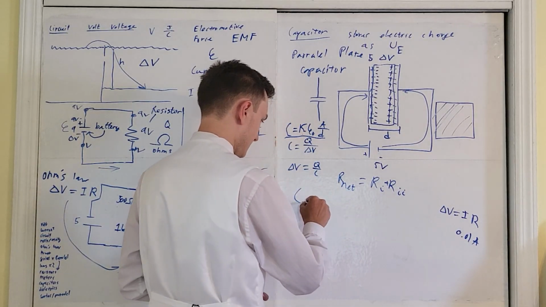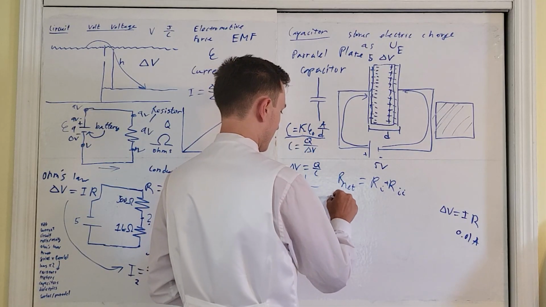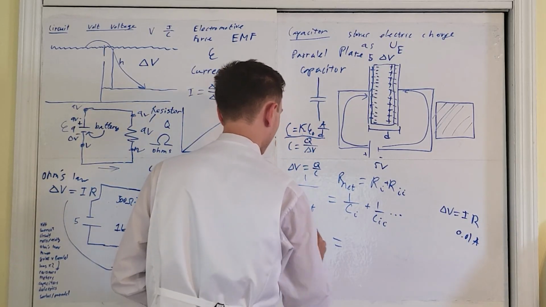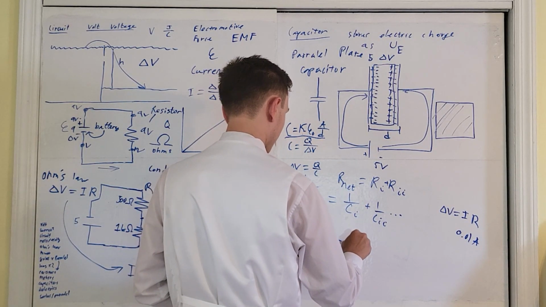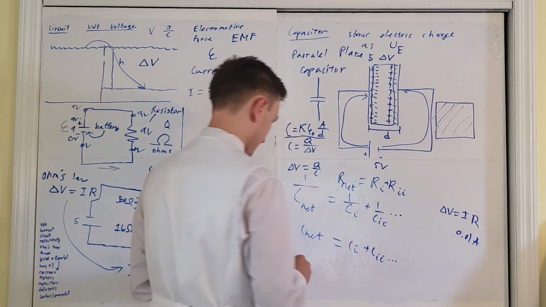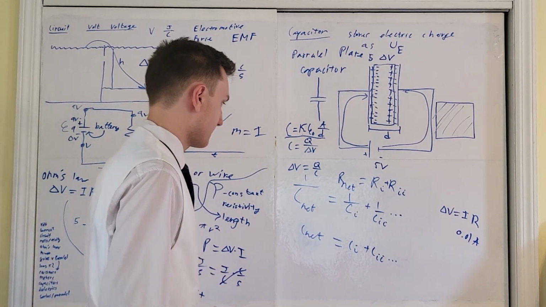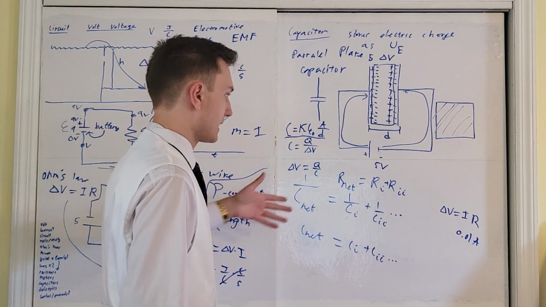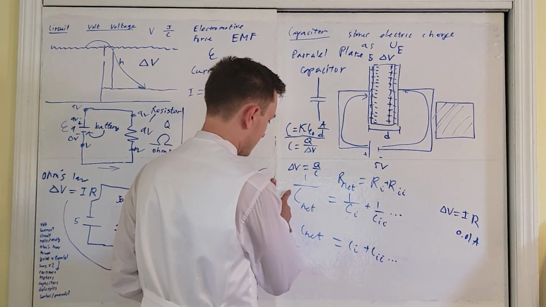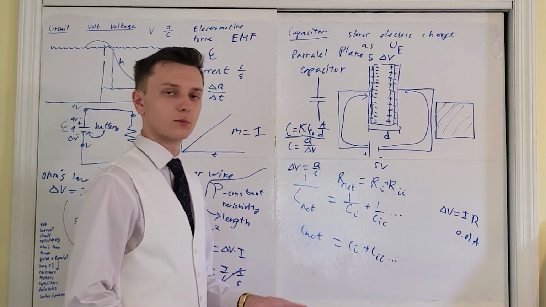However, the net capacitance for capacitors in series is the 1 over thing that we covered earlier. The equation for capacitors in parallel is the sum of the individual capacitances. Okay? So the operation of series and parallel capacitors is exactly the same as the circuit concepts we've been covering. And again, the associations for series and parallel capacitors are just flip-flopped with the equations for series and parallel resistors.